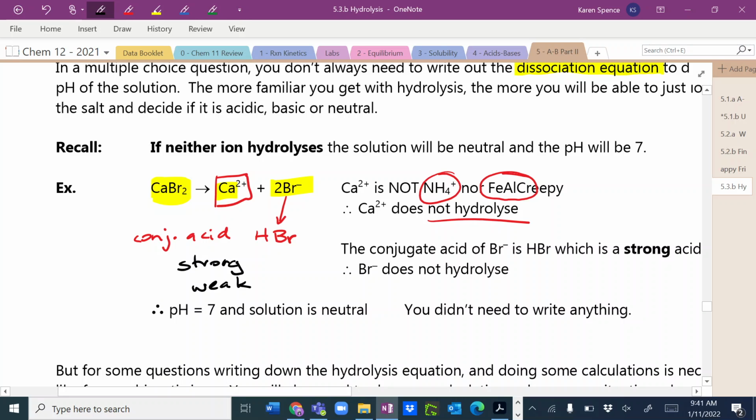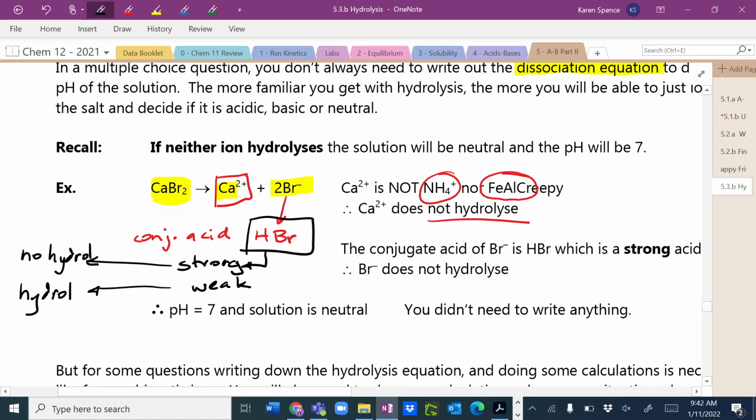If it is weak, we would have hydrolysis. And if it is strong, we would have no hydrolysis. In this case, HBr is strong. We don't have a weak one, so there is no hydrolysis. So calcium does not hydrolyze, bromide does not hydrolyze.